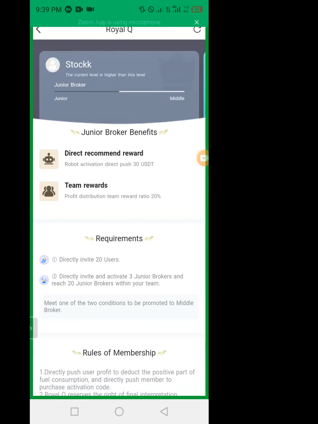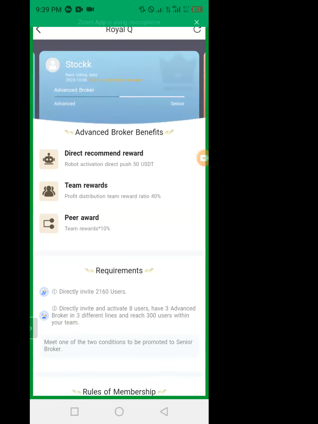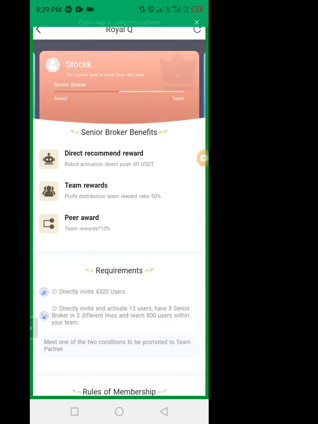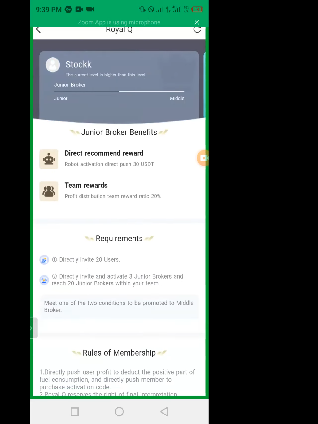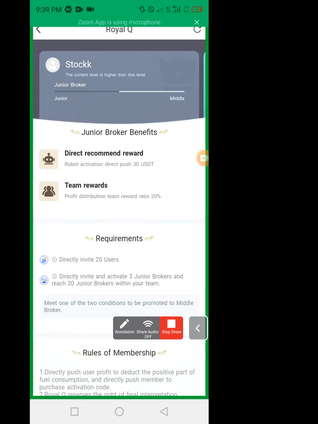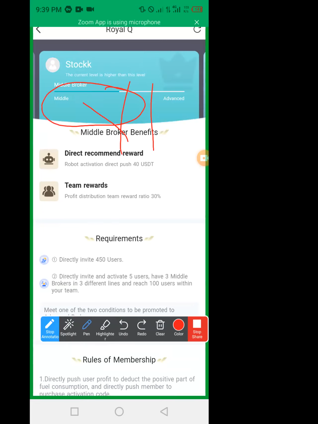From junior broker, you can become a middle broker. You can become an advanced broker, and then you can become a senior broker. In the beginning, we were calling them V. Junior broker is the person we were calling V1. After being a junior broker, you can become a V2, a middle broker, VIP2.